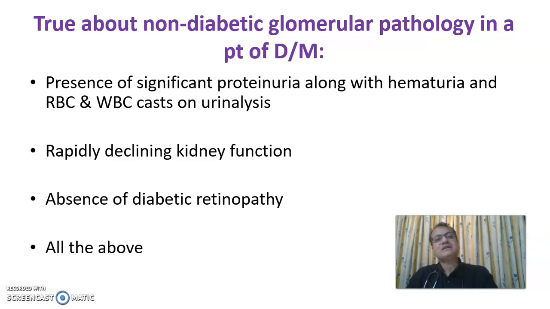So when will you say that in this diabetic patient we have a non-diabetic glomerular involvement? Option A says presence of significant proteinuria along with hematuria and RBC and WBC casts on urinalysis. Do we have this finding in diabetic nephropathy, or in some other glomerular pathology?